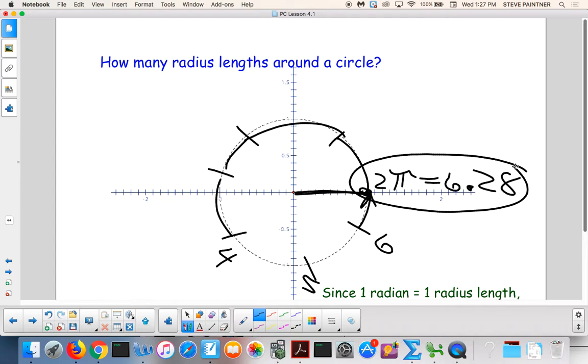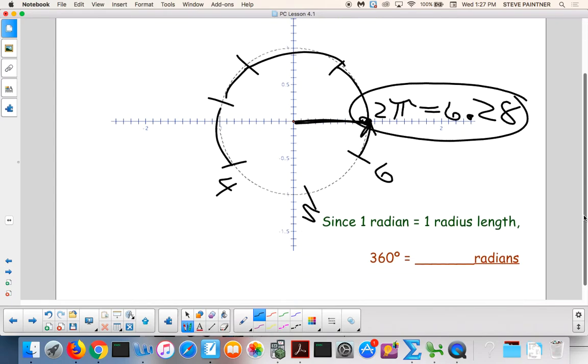Can we just say 2 pi? Don't say 6.28. I'm just telling you how many of these you can wrap around there. 2 pi, 6.28. Since 1 radian equals 1 radius length, 360 degrees, a complete circle, equals how many radians? 2 pi. Good?